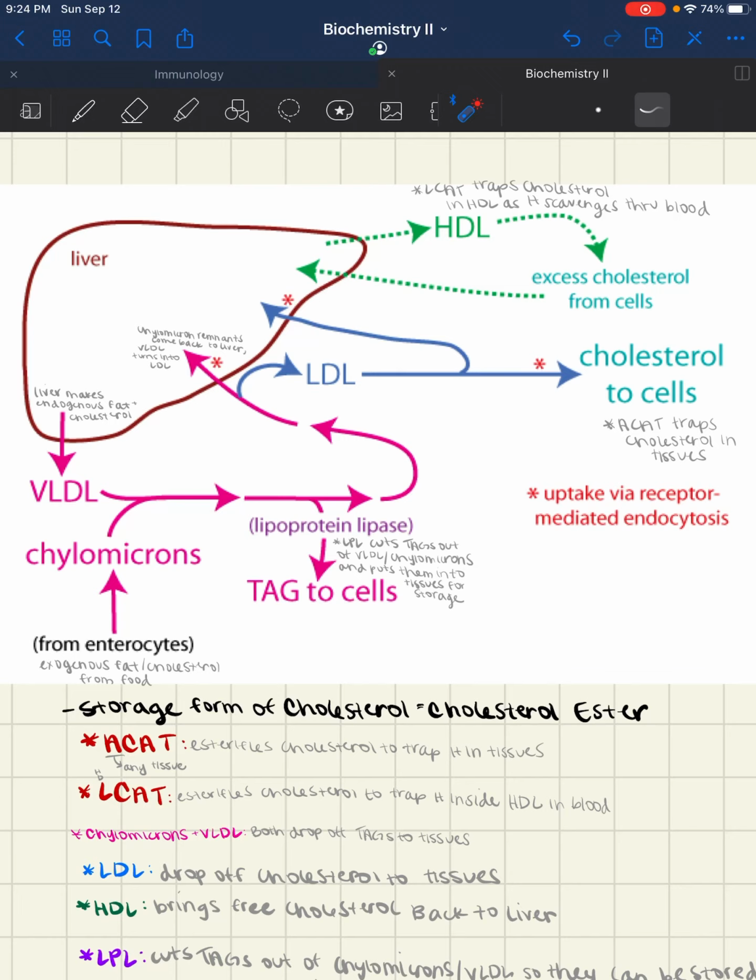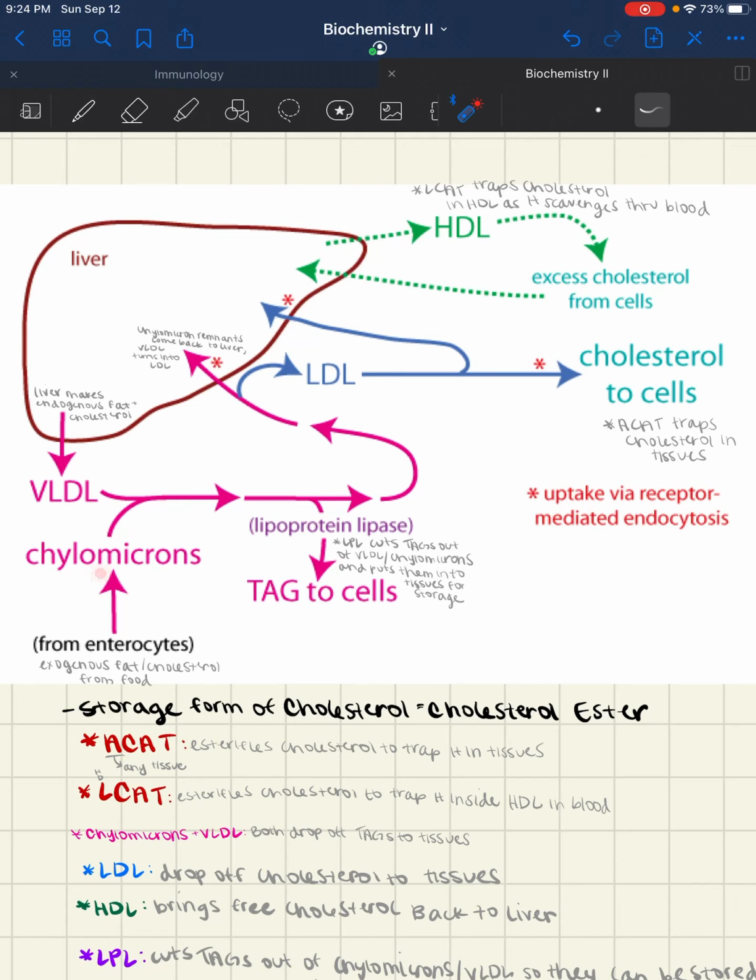So lipoprotein lipase is sitting on the surface of a cell waiting for either VLDL or a chylomicron, and it's going to cut the tags out of a VLDL or chylomicron and place it into an adipocyte so that the adipocyte can store the tags for later.